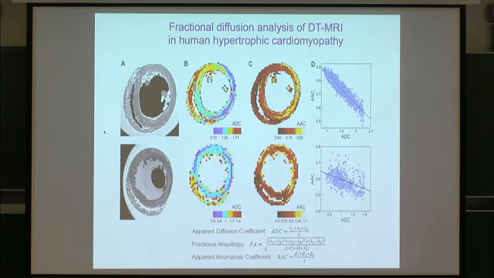Fractional anisotropy is a different measure. We've introduced a new measure called the apparent anomalous coefficient, which is the average of the fractional powers. So if all the betas were 1, this would be 1. The further this is away from 1, the more the influence of the fractional derivatives comes into play. And already you can see that in the data here.